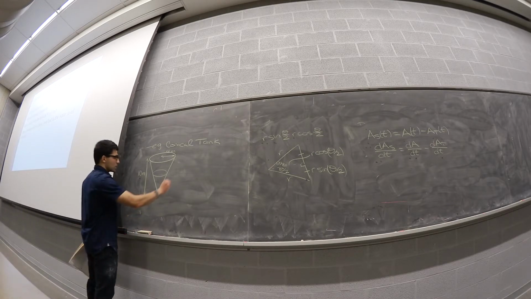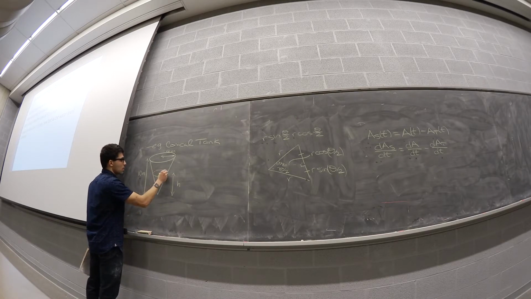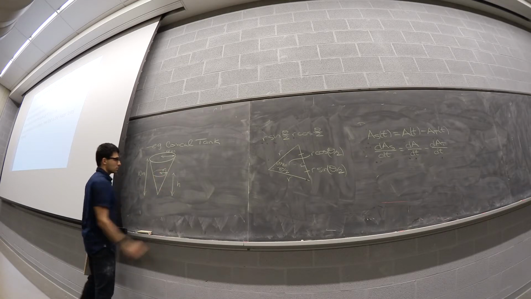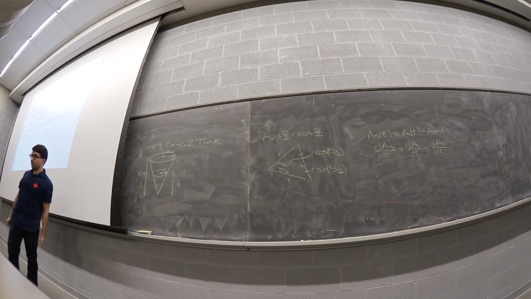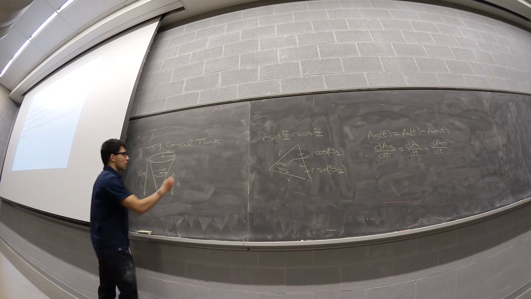Okay? So let's call the depth of the water h. Let's call the radius of this surface circle thing r. Excellent. So now what do we want?